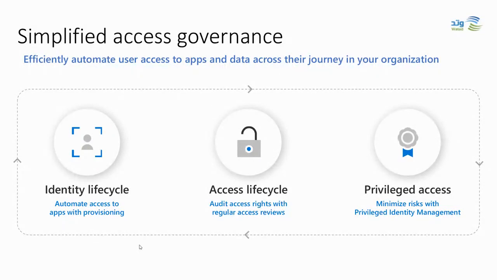So let's say we have a team that we're using for discussions, which also provides access to our information. Periodically, we can have an access review. So we can check the members of a group to make sure that those users still require access to the information we've given them access to. So periodically, we can run access reviews just to make sure our information is secure.